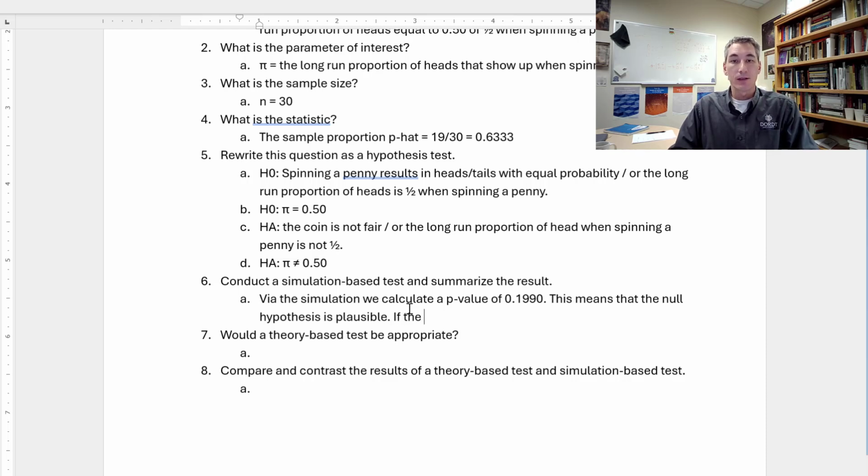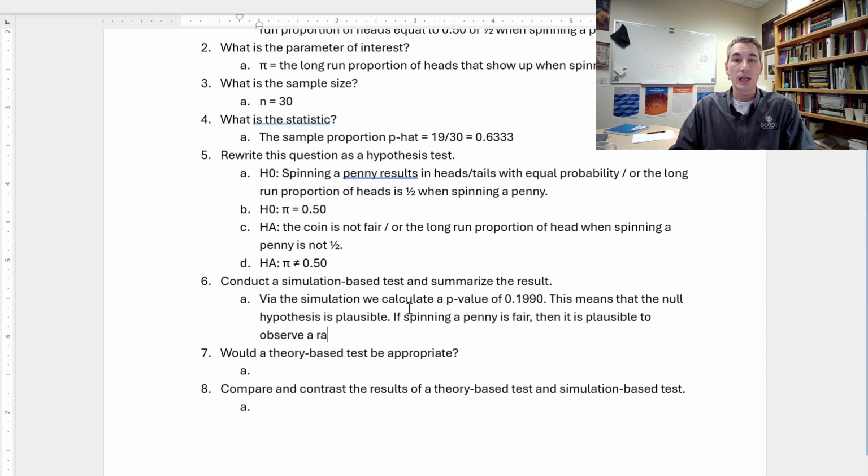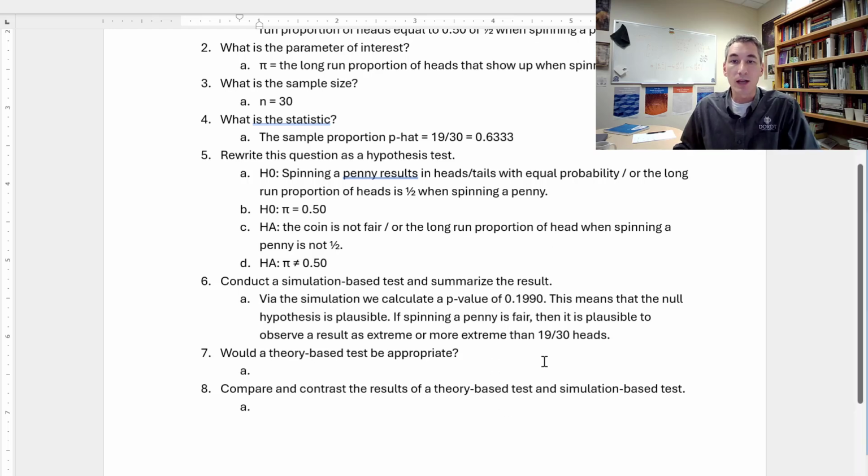If spinning a penny is fair, then it is plausible to observe a result as extreme or more extreme than 19 out of 30 heads. That's certainly possible, right?